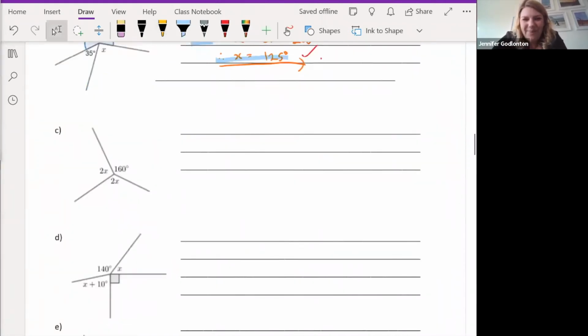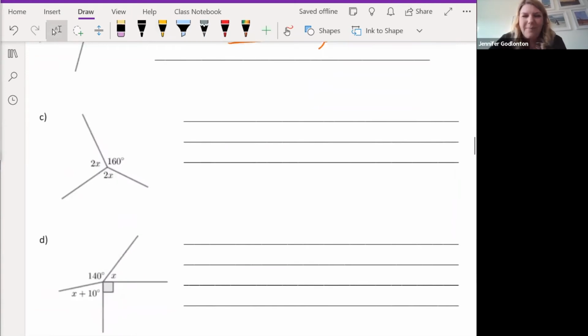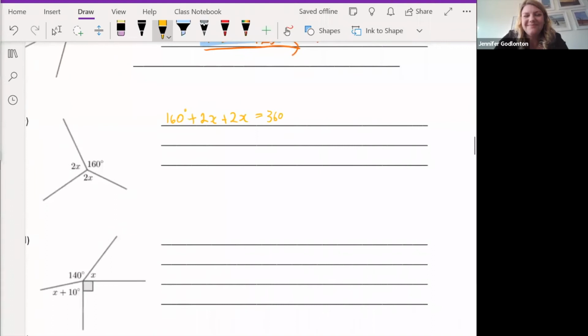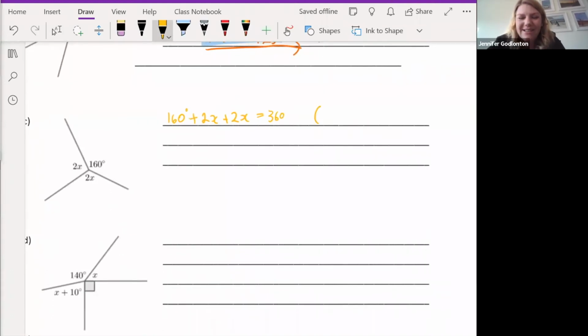So, okay. 160 plus 2x plus 2x equals 360. What's missing in that sentence? The reason. Yes. Okay, what's my reason? Angles around a point. Beautiful, angles around a point. Okay, cool. Next line. And then it's 160 plus 4x equals 360.